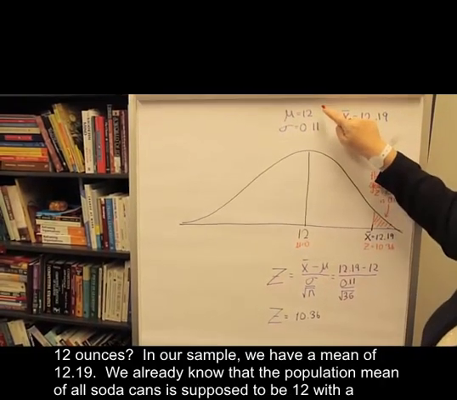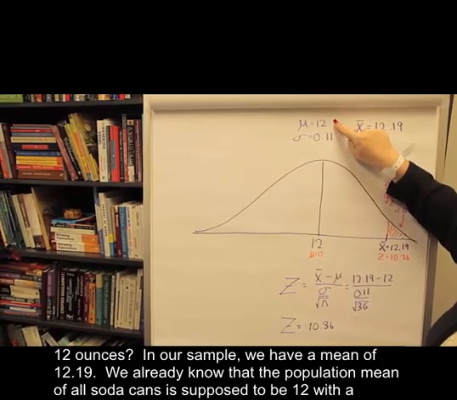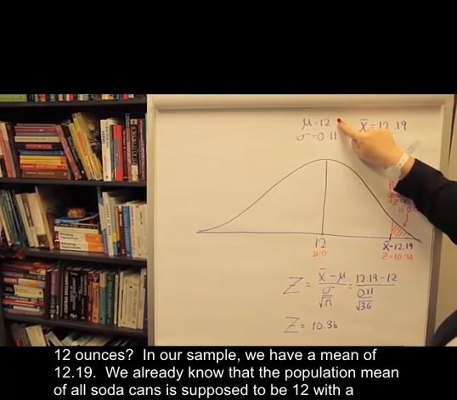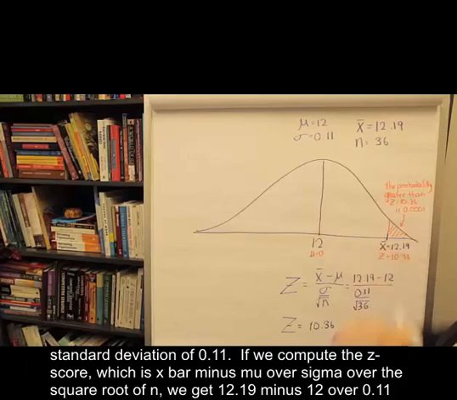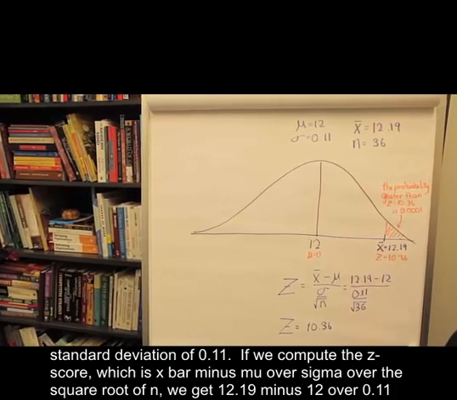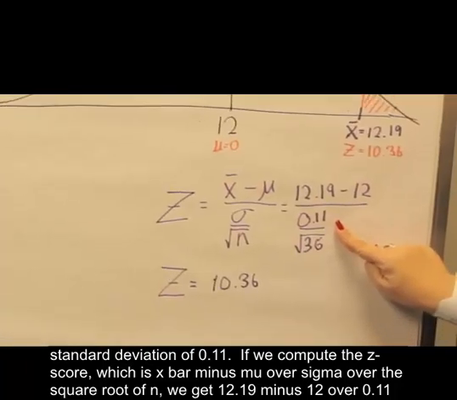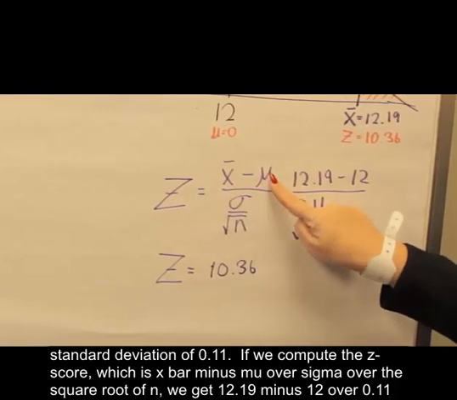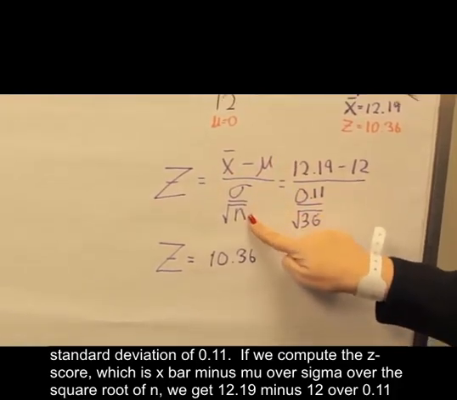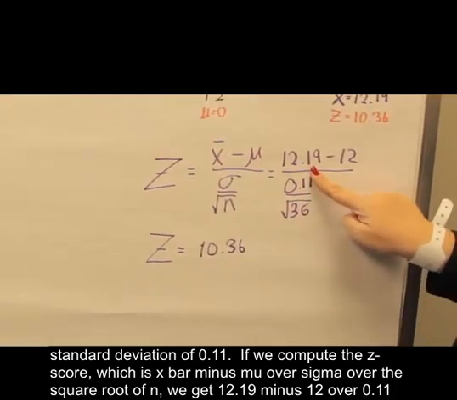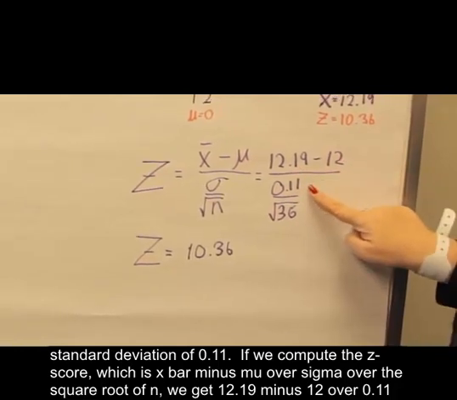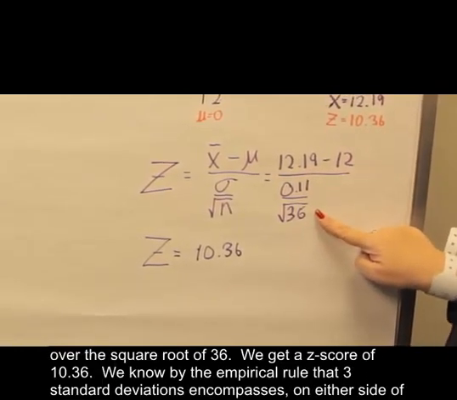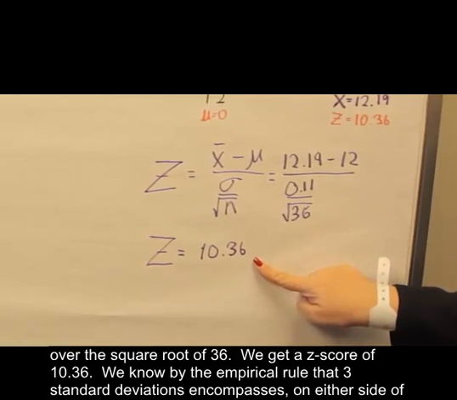We already know that the population mean of all soda cans is supposed to be 12, with a standard deviation of 0.11. If we compute the z-score, which is x bar minus mu over sigma over the square root of n, we get 12.19 minus 12 over 0.11 over the square root of 36. We get a z-score of 10.36.